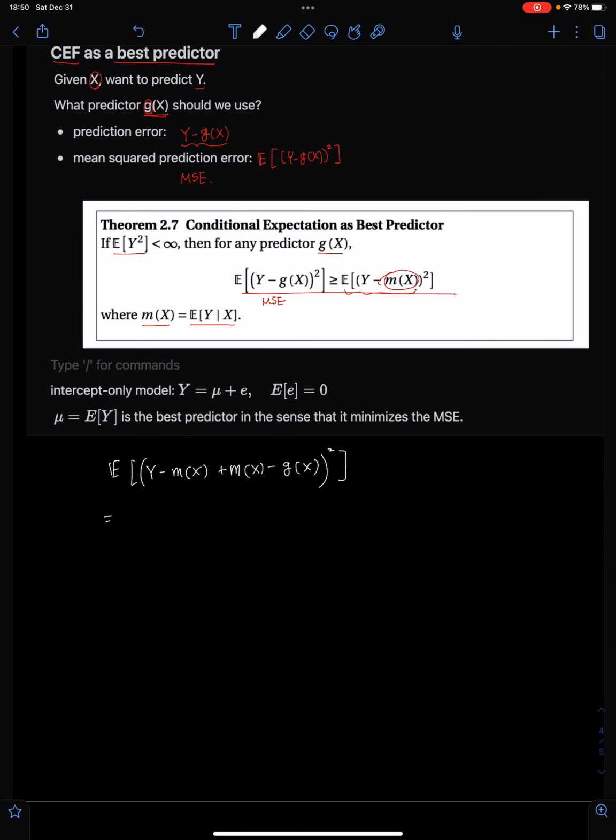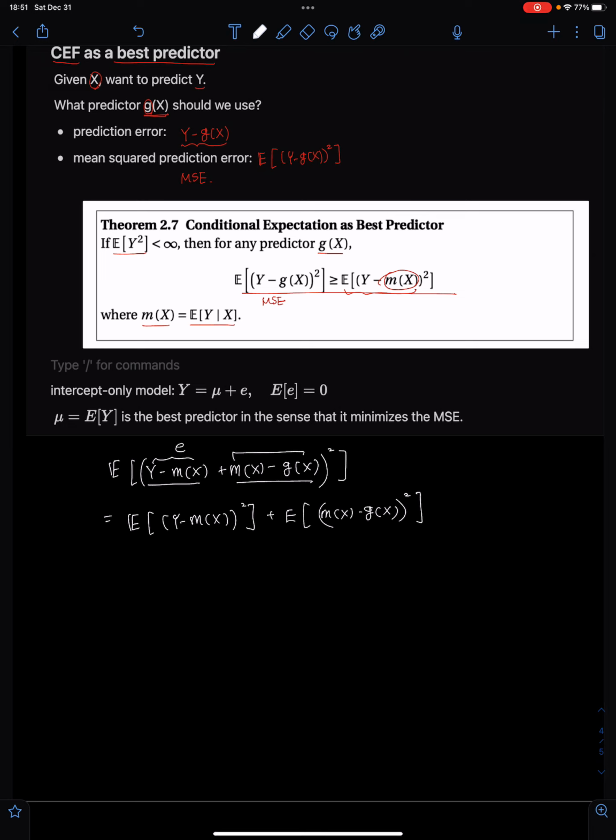If you expand this squared term, then you will have this squared term plus the expectation of m of x minus g of x squared, and then you will have a covariance term between this part and this part, but that covariance is going to be 0 because we see that this is the CF error, e, and we have seen from the previous lecture that the CF error is uncorrelated with any function of x, and this is a function of x. So in the end, this covariance term will be 0.